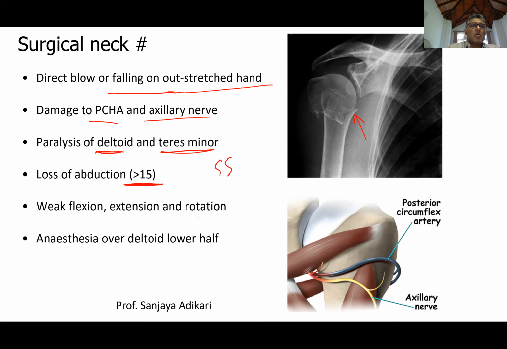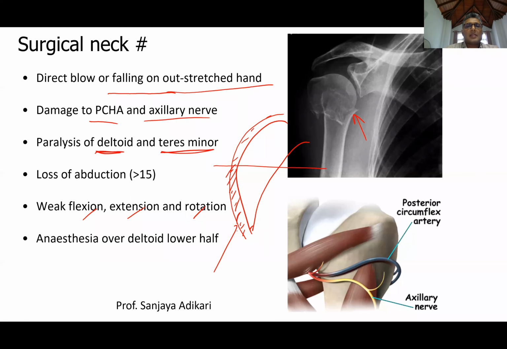So that is gone. Flexion, extension, and rotation can be weak, because the three parts of the deltoid muscle contribute to those things. Most importantly, the skin over the lower half of the deltoid is supplied by the axillary nerve here, so that will be gone.